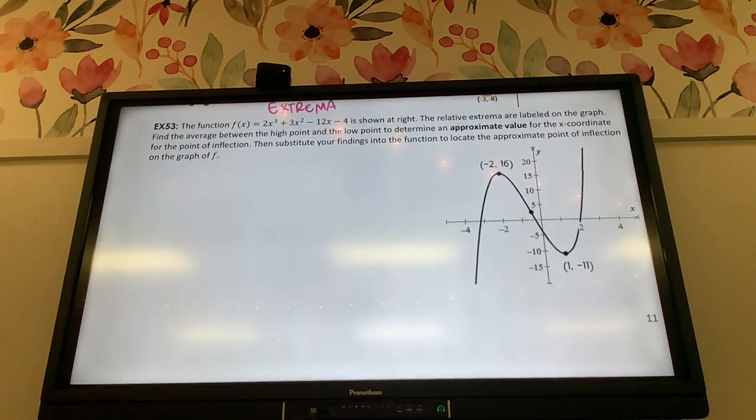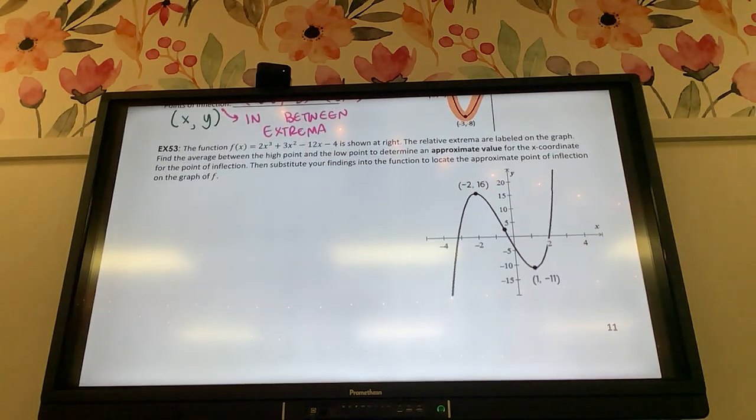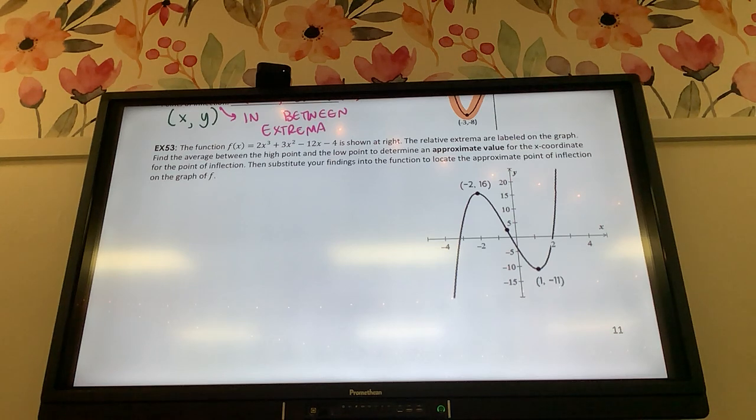All right, so before I let you do your homework here, let's talk about 53. So 53 says the function, and it gives me this function here, 2x cubed plus 3x squared minus 12x minus 4 is shown at the right. The relative extrema are labeled, and I want to find the average between the high point and the low point to determine an approximate value for the point of inflection.